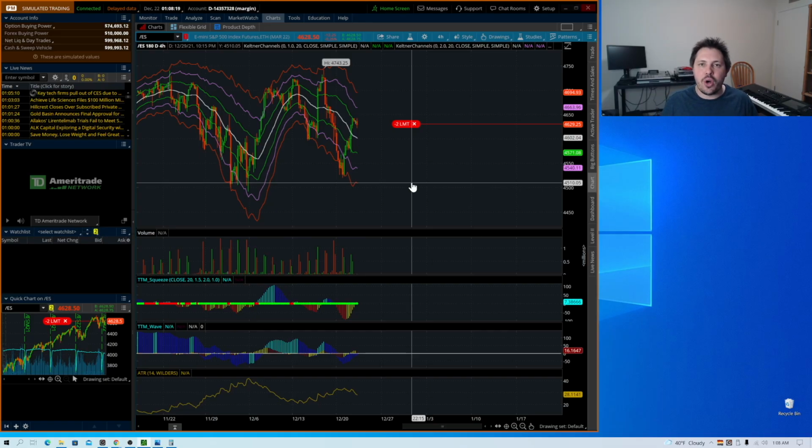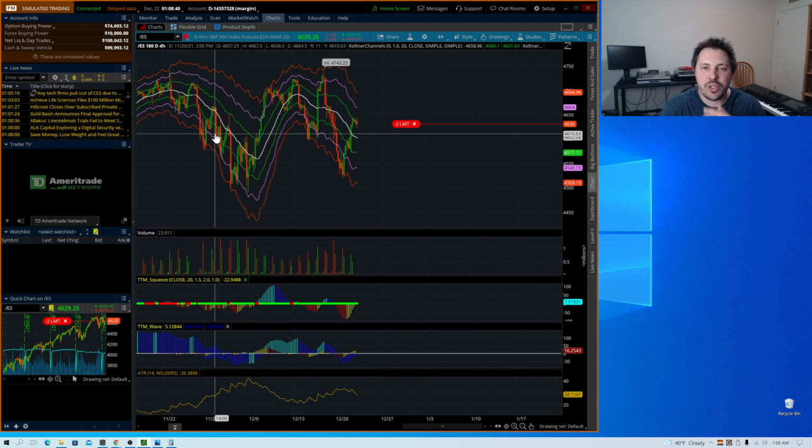So covered calls are a great way to add additional income to a portfolio of assets that you already own, right? There's not too much risk when you're dealing with these covered calls, except for the scenario when the underlying just flat out tanks, right? So I don't think I'm going to get filled here.